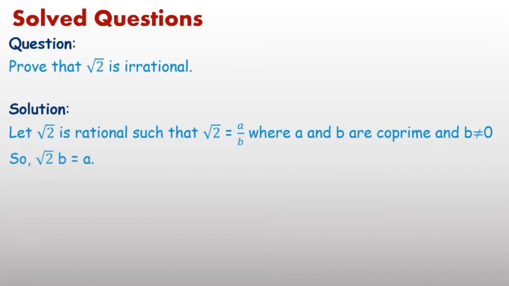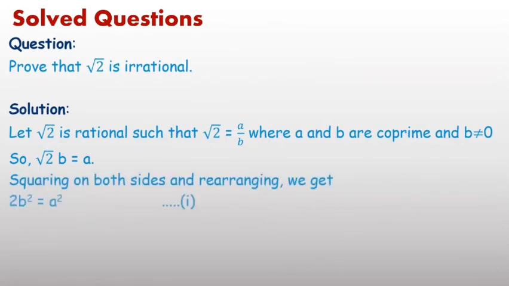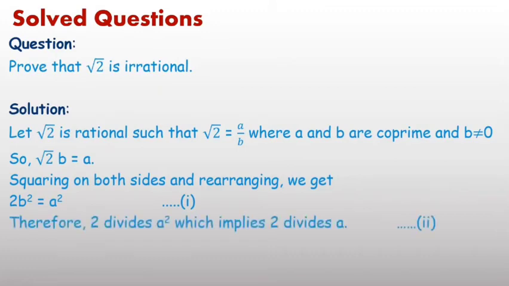If root 2 equal to a upon b, then root 2 b equal to a by cross multiplication. Squaring both sides, you will get 2b square equal to a square. 2b square equal to a square means 2 divides a square, or you can say 2 divides a.